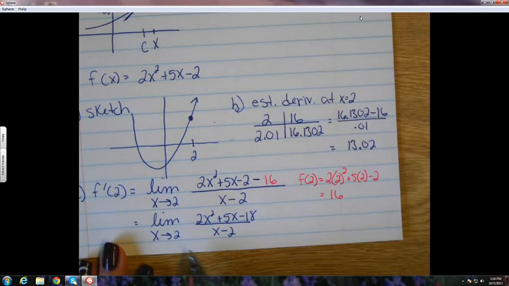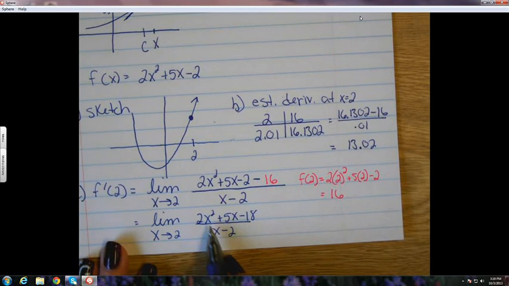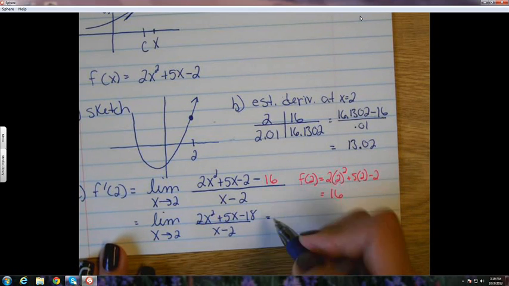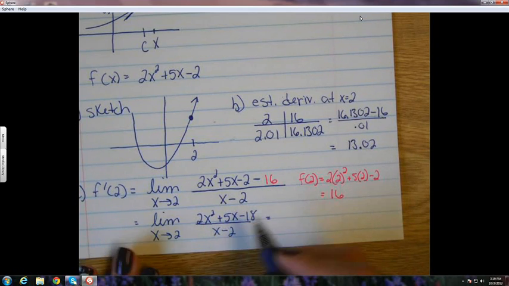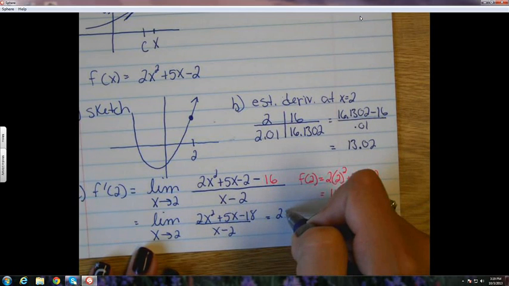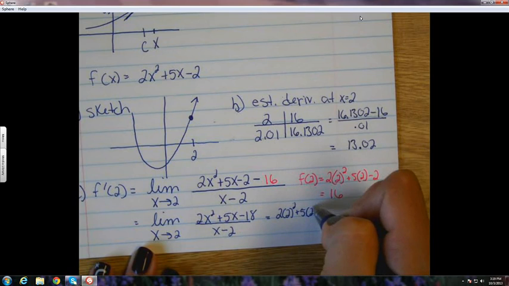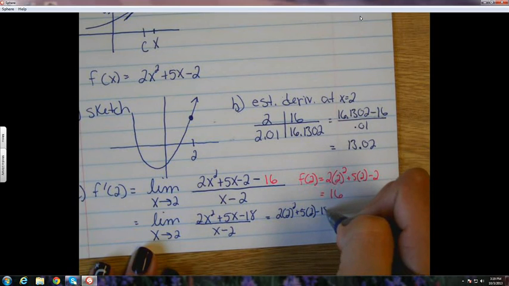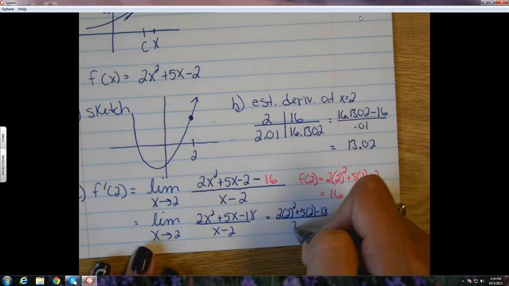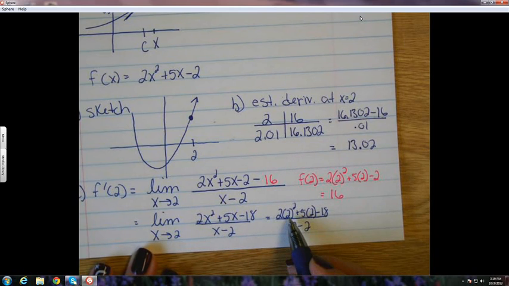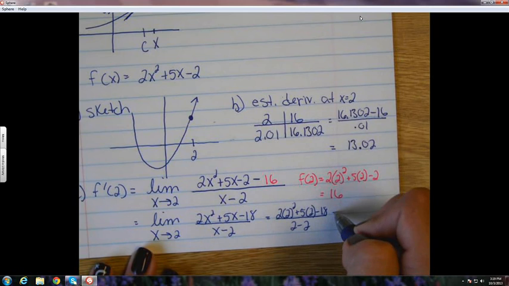Remember, to get a limit, we're going to plug the x value in. If I do that, I'm going to get 2 times 2 squared plus 5 times 2 minus 18 over 2 minus 2. Let's see, 4 times 2 is 8, plus 10 is 18. I'll get 0 over 0.